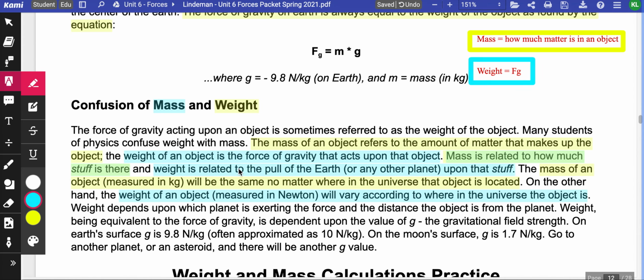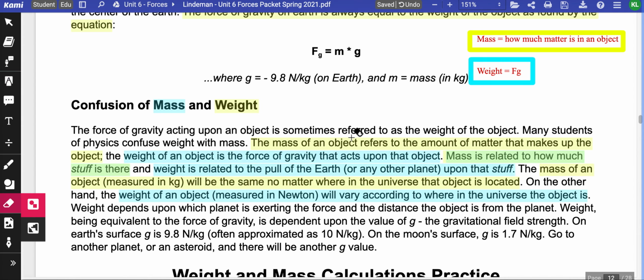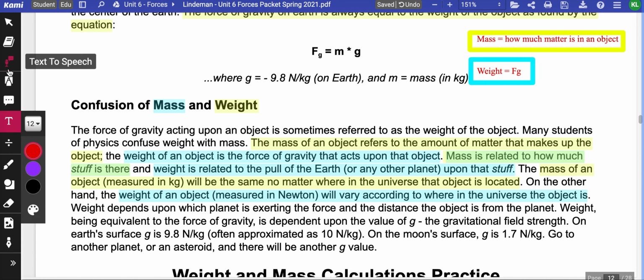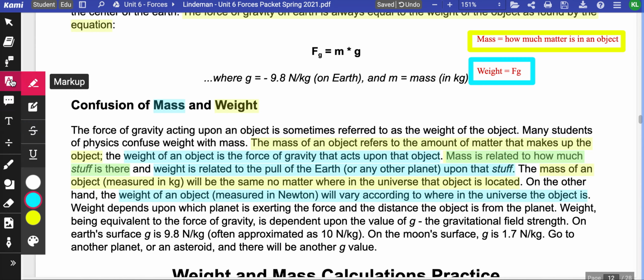So if I'm on Mars, I'm going to weigh different than if I was on Earth. I'm going to weigh different on the moon. I'm going to weigh different on all of these depending on what my mass is related to what the gravity constant of that specific planet or object is. Okay?